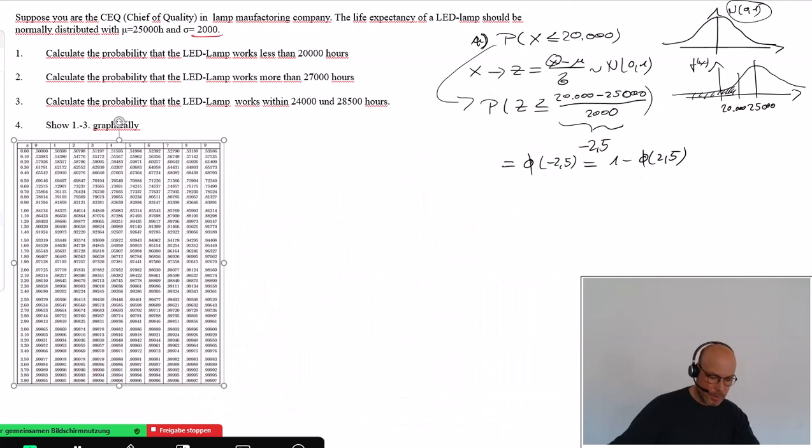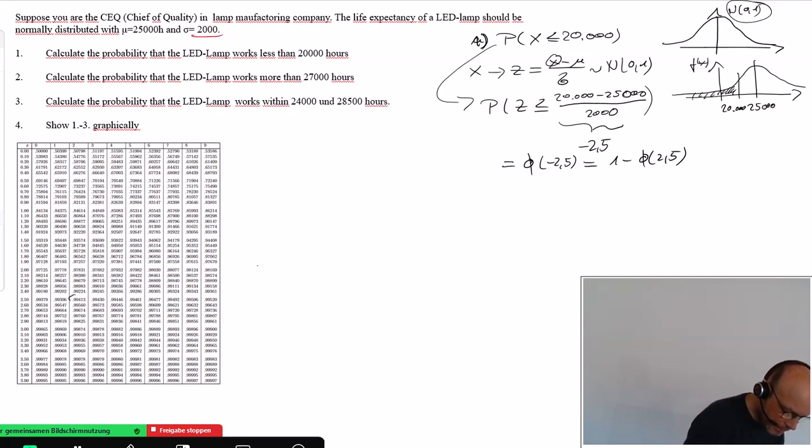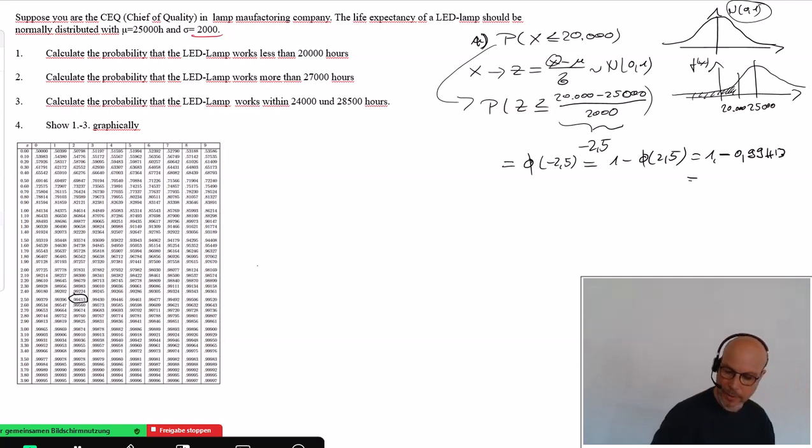So what we need is 2.5, and this would be then this number here, equals 1 minus 0.99413, equals roughly 0.6%.